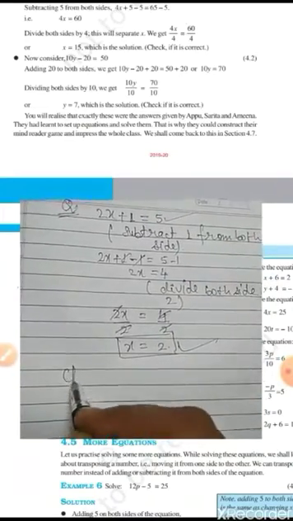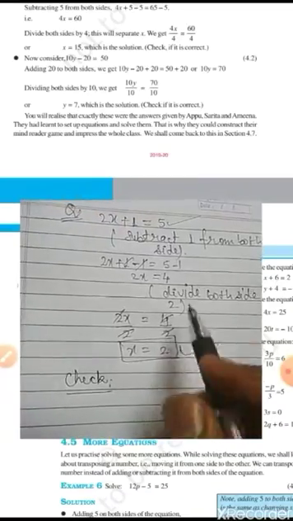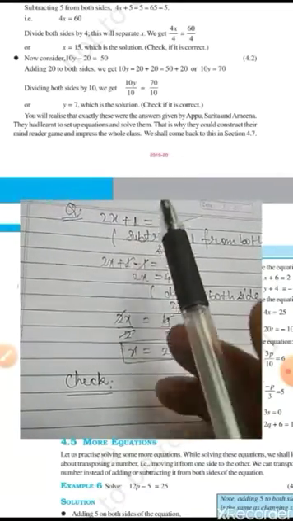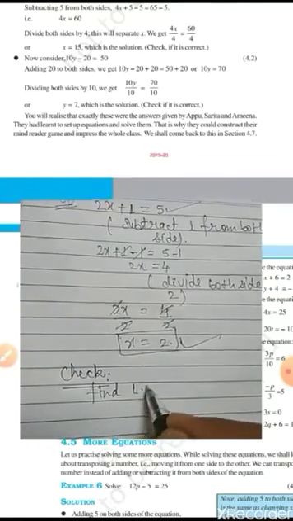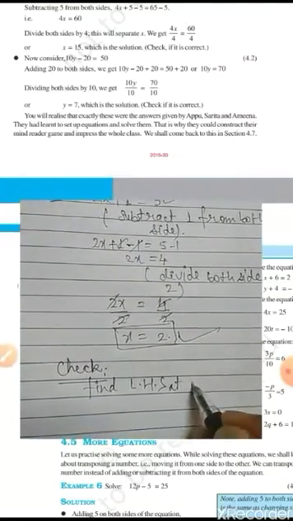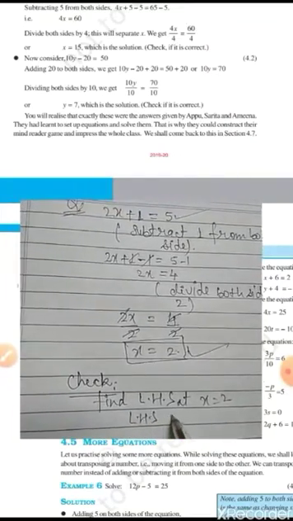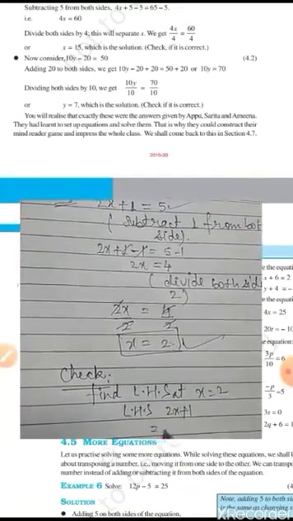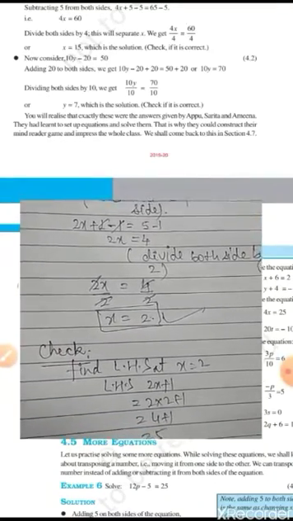Check. Okay, check that x is equal to 2 is the solution of this equation or not. So find LHS at x is equal to 2. LHS is here what? 2x plus 1. So 2 into 2 plus 1. So 4 plus 1, 5.